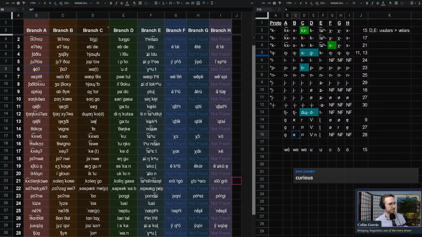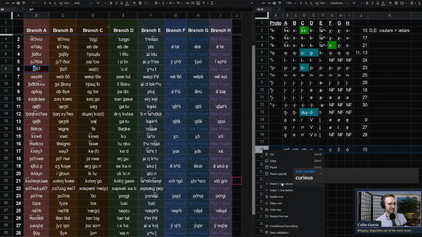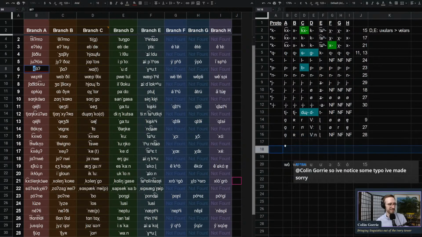So we have something quite interesting here. Let's give ourselves a bit more space, and let's look at what's going on in 6.